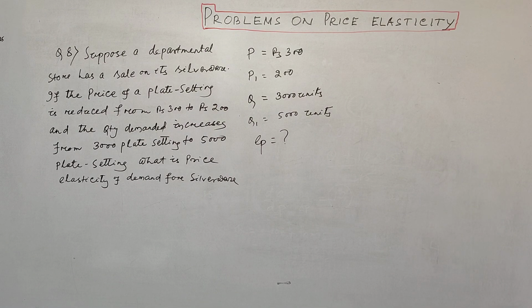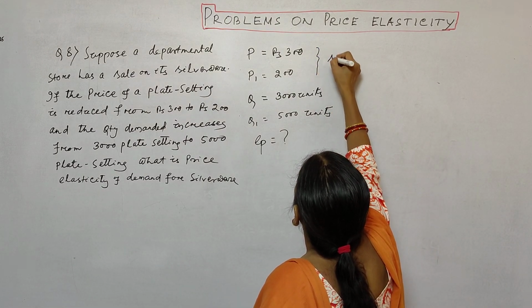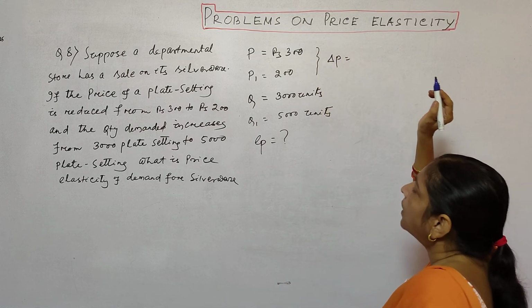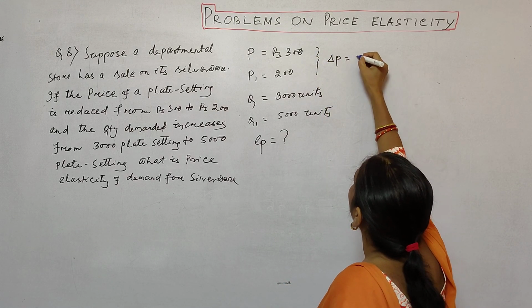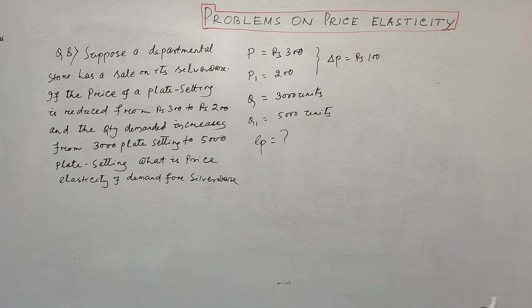So this is the problem. Now we have to find out delta P equal to 300 minus 200, the difference between the two, rupees 100. Delta P is rupees 100.